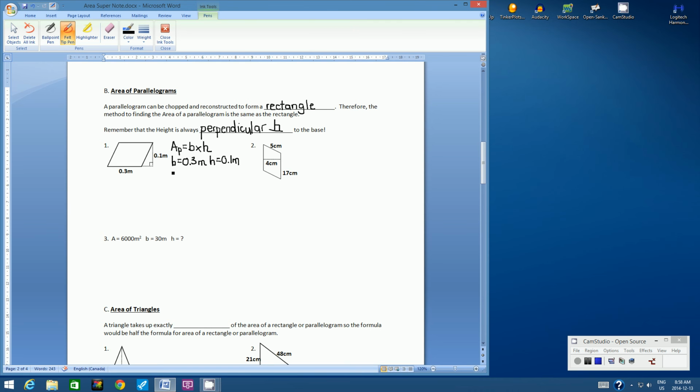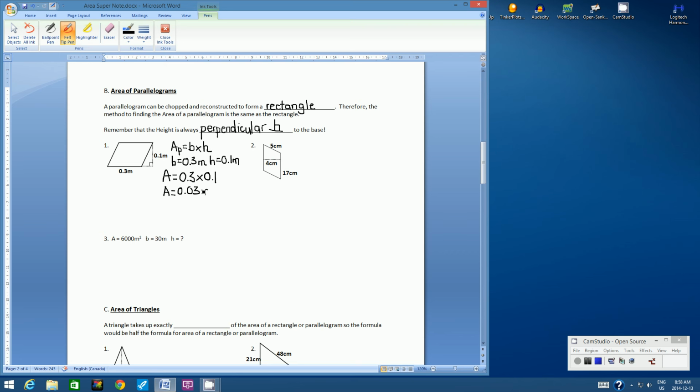All right, line 3 is the substitution line. Well, we don't know what the area is. We know that the base is 0.3. We know that the height is 0.1 meters. So please get out your calculators and please solve for this area. 0.3 times 0.1 is 0.03.